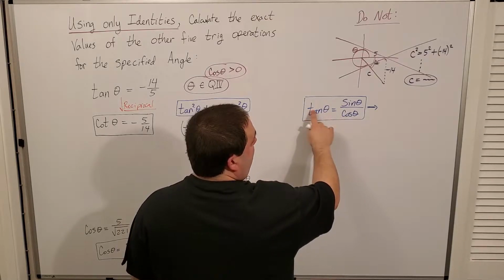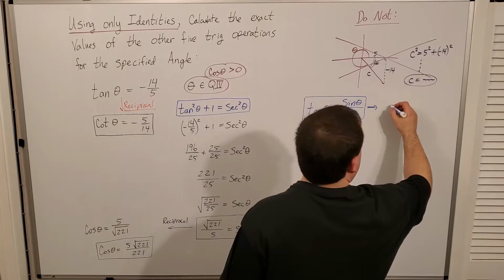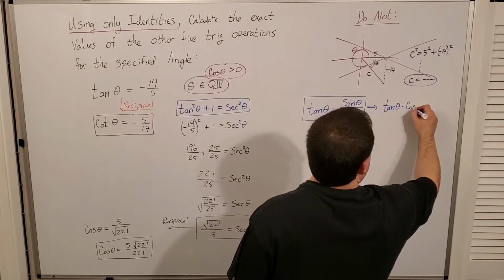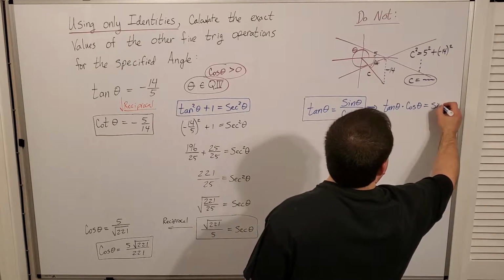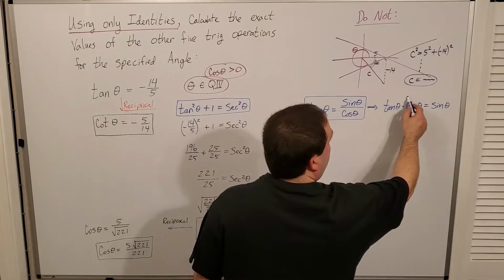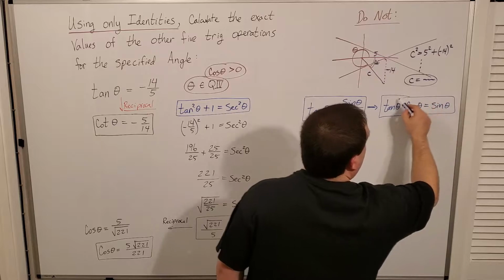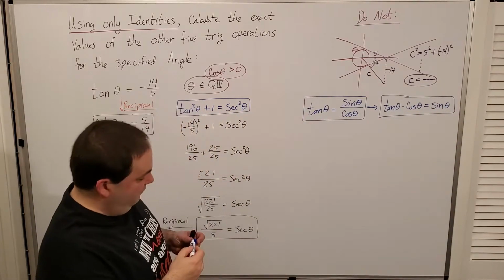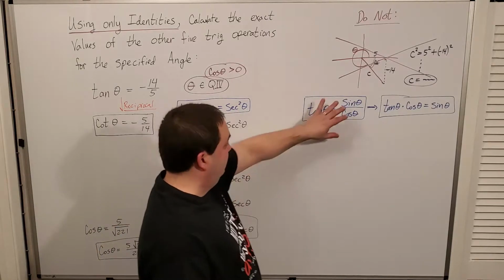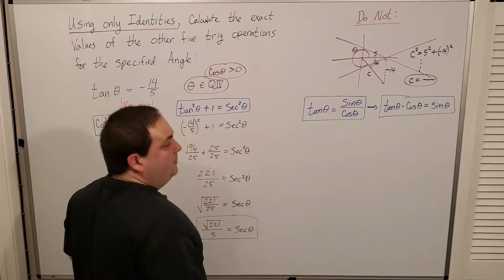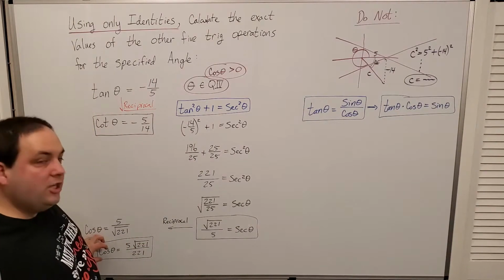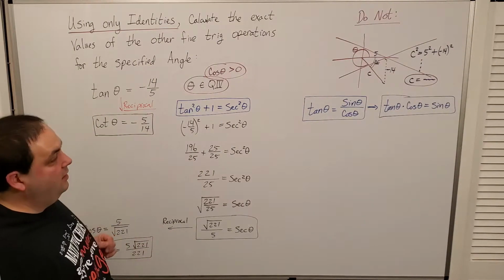I'm just going to multiply both sides by cosine theta. So I have tangent theta times cosine theta is equal to sine theta. Now that's actually a pretty interesting and useful alternate version of that quotient identity. It no longer is really a quotient, right? Because it's not doing this quotient here.